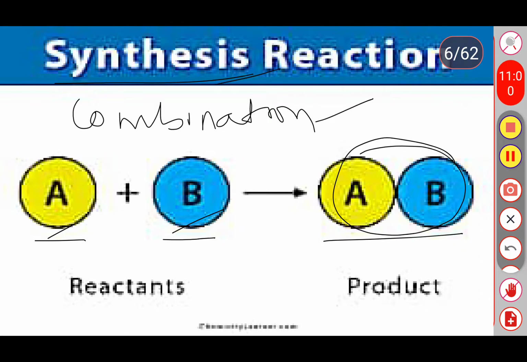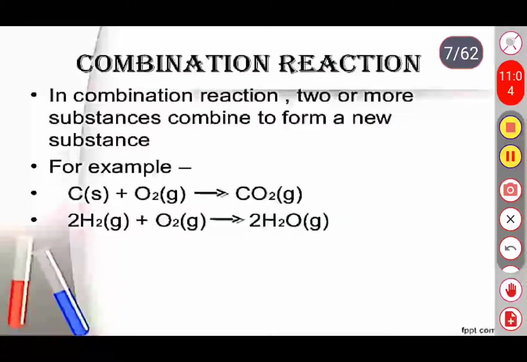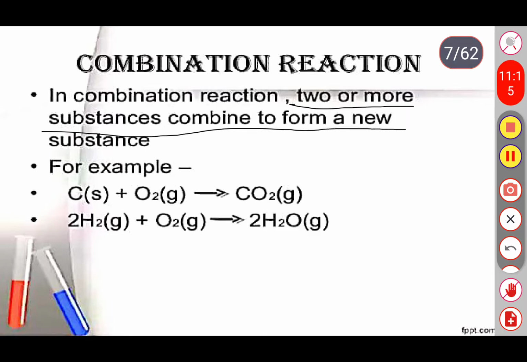So I can define the combination reaction: in a combination reaction, two or more substances combine to form a new substance. With the help of examples we'll get some more ideas. Here carbon is one element which is combined with oxygen. Once carbon is combined with oxygen, what does it form? Carbon dioxide.